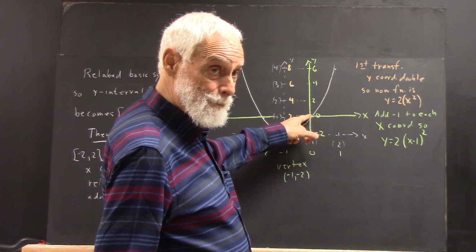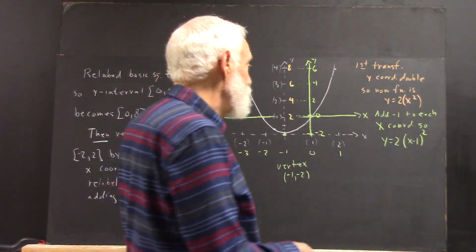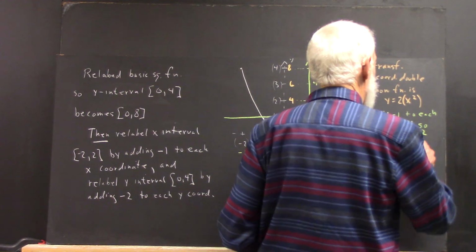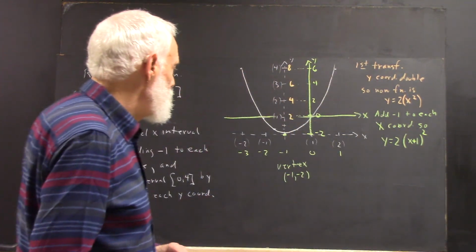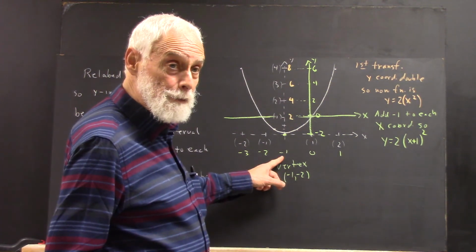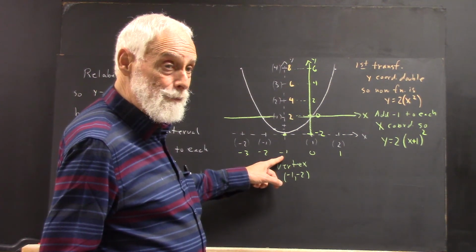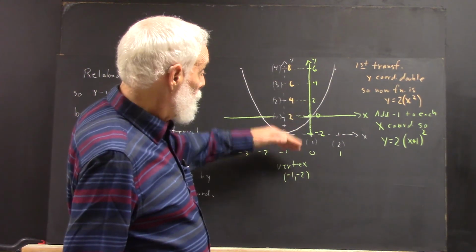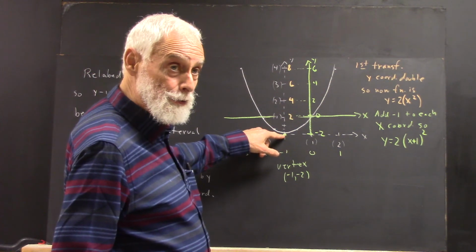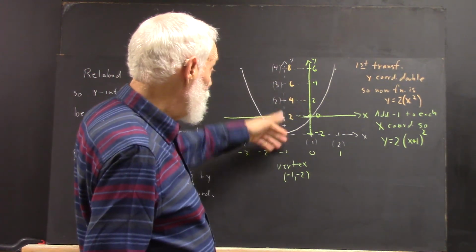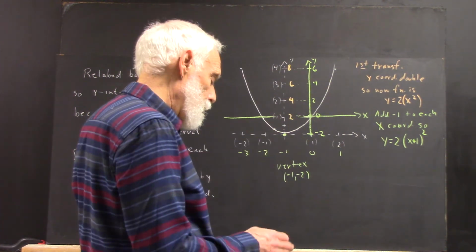So what you've got to say is, this is x plus 1 squared. So now if x equals -1, which is the new labeling, that's going to make it work out that you get 0 here. Now we haven't changed the y-axis at this point, so your y is still 0, still in the original y-axis.